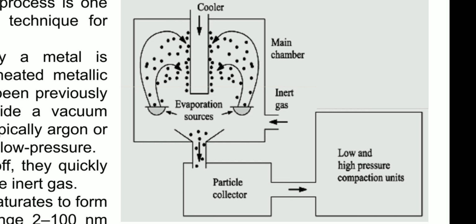Source material means any kind of metal. Suppose you are taking iron, or silver, or gold, any material of which you are interested in preparing nanoparticles. These metals you can keep in the cuvettes.